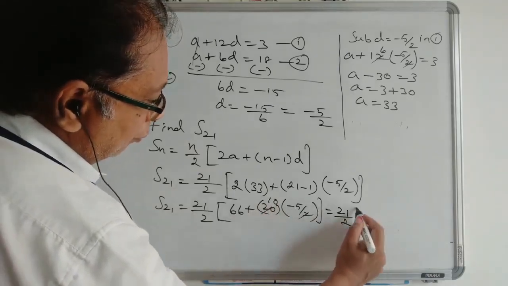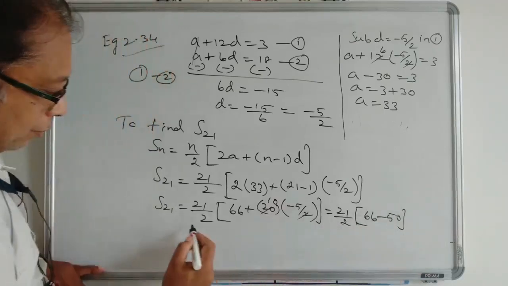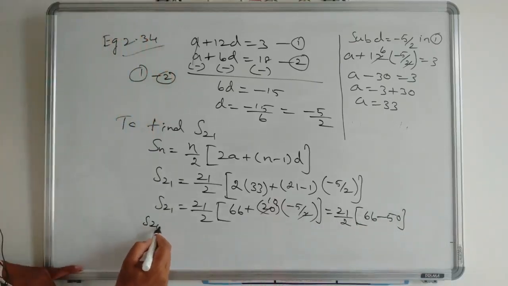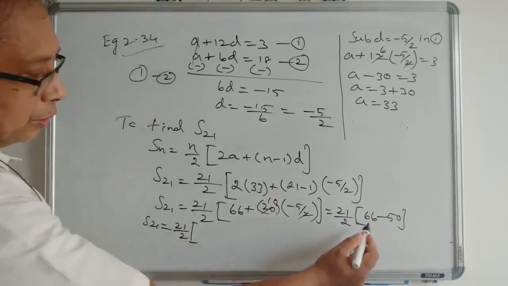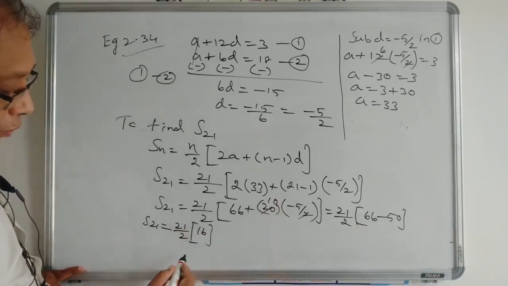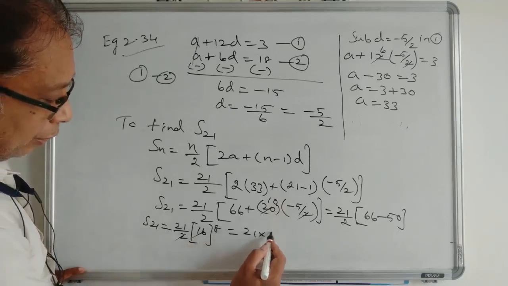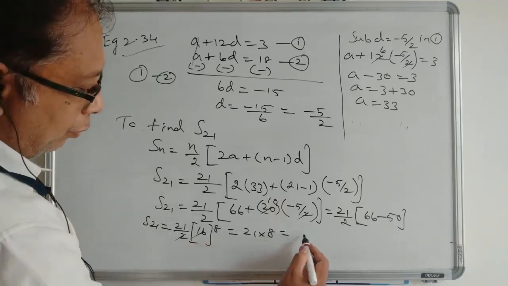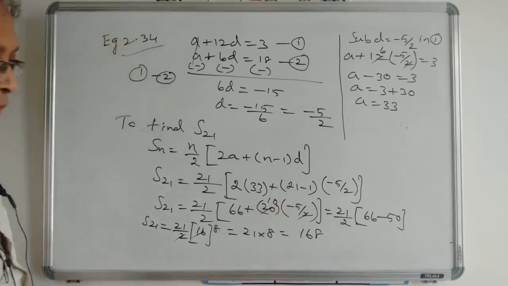Therefore S21 equals 21 by 2, 66 minus 50, we get 16. 2 divides 16 eight times. 21 into 8 equals 168. Therefore the S21 value is 168.